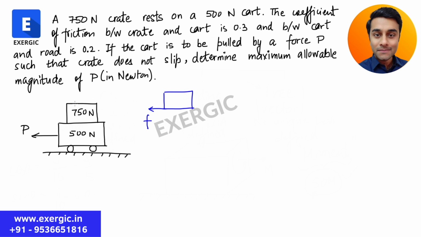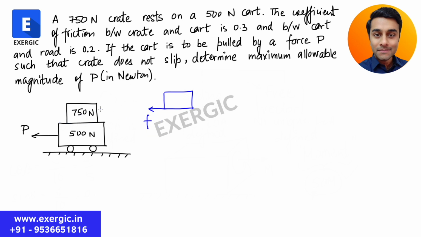Assume you are in place of this crate and you are standing on the bus or any cart. If that cart is moving, then the friction is being applied by the cart on the sole of your shoes, and that grip is pushing you forward. So friction is making sure that you move ahead. So friction is acting in the forward direction.